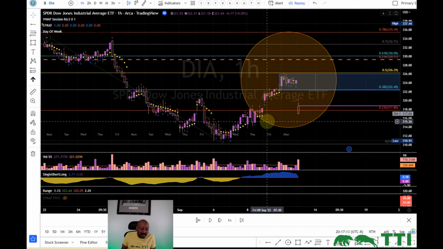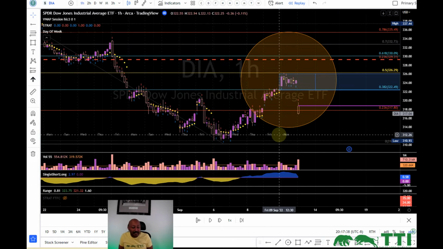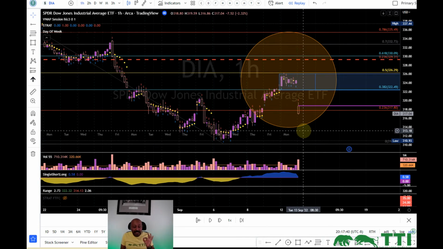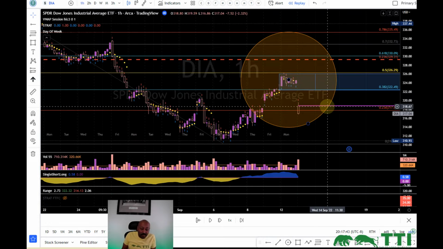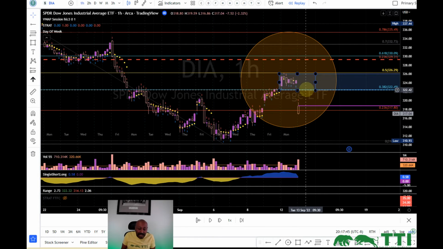A lot of times you'll see flags as part of a continuation. They want to see a flag as price is going up, form a flag, break out of it. Or price is coming down, form a flag, break out of it. But in this case, we want to go down. Price was going up and formed a flag. And if it breaks below that flag, I'm content because my goal is to go to the downside anyway. The tricky part for you, Manny, was that I had such a big gap. Do I enter anyway?